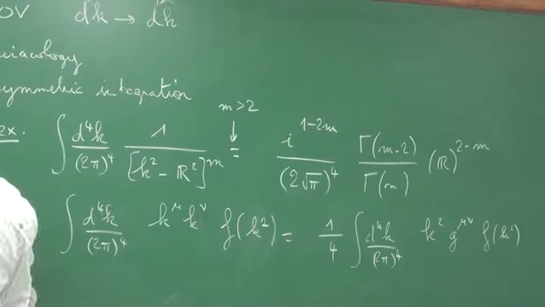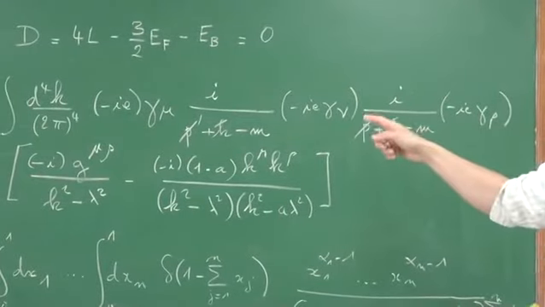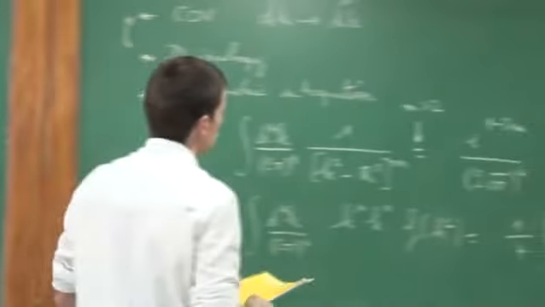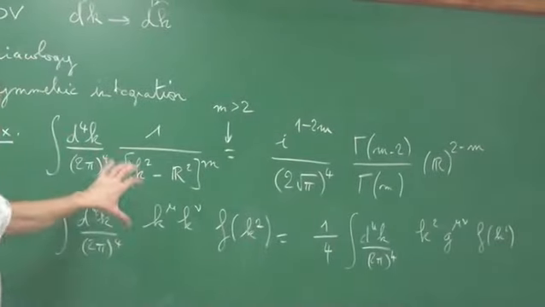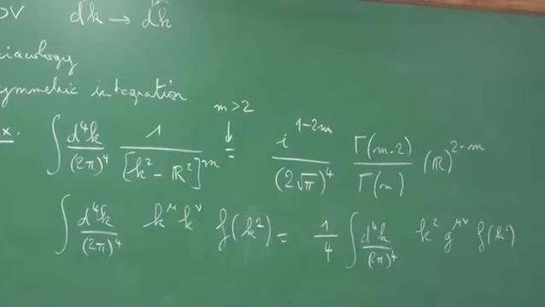Then, yes, I did not write the i epsilon prescription here, but it is understood. Okay? And here, when you compute these integrals, they are converging. You can do the Wick rotation to avoid the i epsilon prescription.